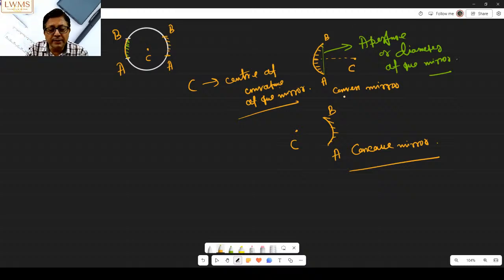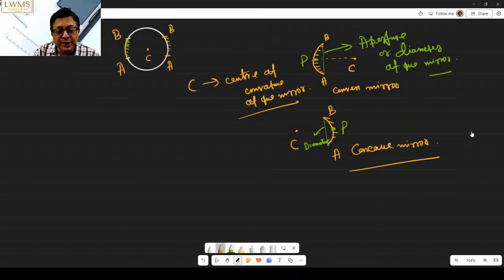For this concave mirror also we can define the diameter or aperture of the mirror as this one. Aperture is the line segment joining the two extreme portions. Midway between these two points on the curved part is called the pole. The pole will divide the upper half from the lower half.